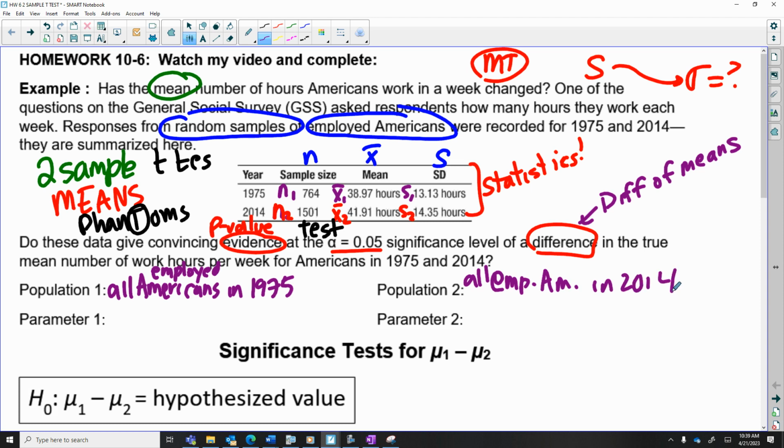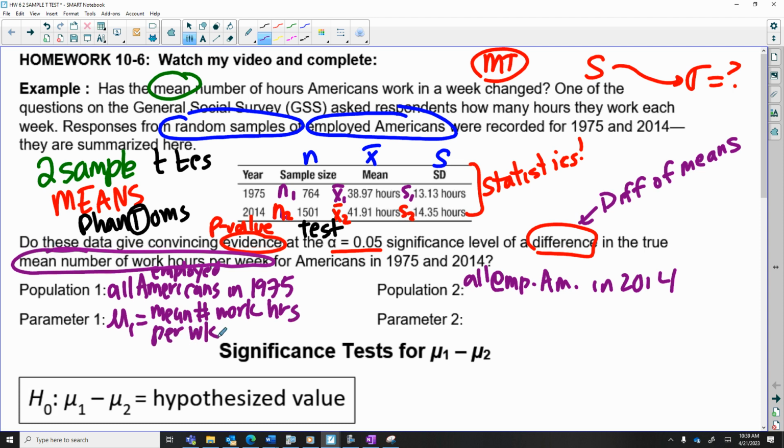Parameter 1, will that be mu? Remember, it's mean, so you use mu here and not p, mu sub 1. The mean number of work hours per week. Just take it right off of here. If you're confused about the parameter, use the words right in the question. Mean number of work hours per week for the Americans in 1975.